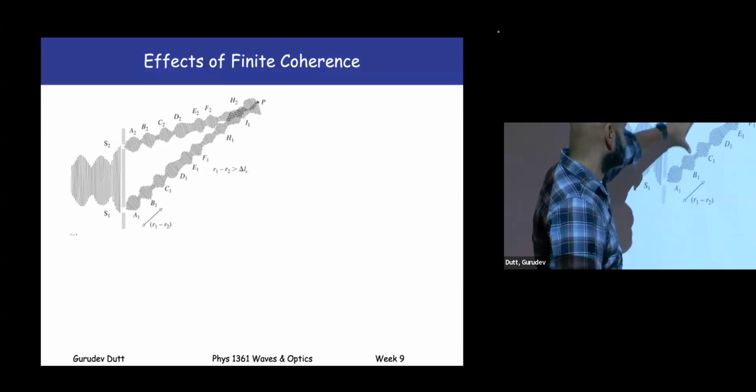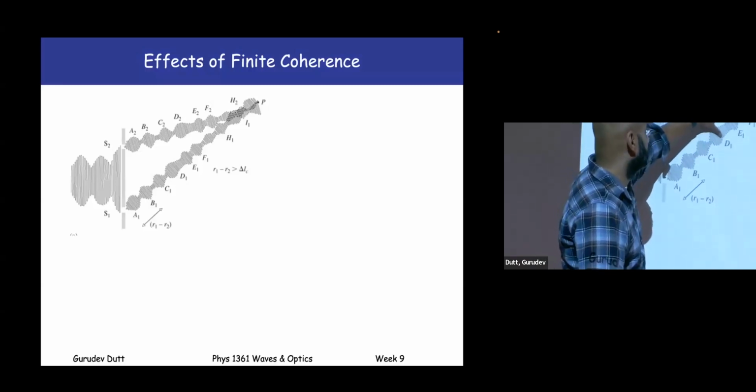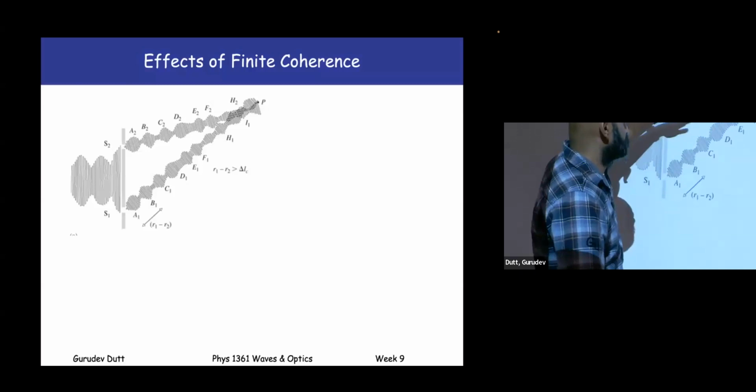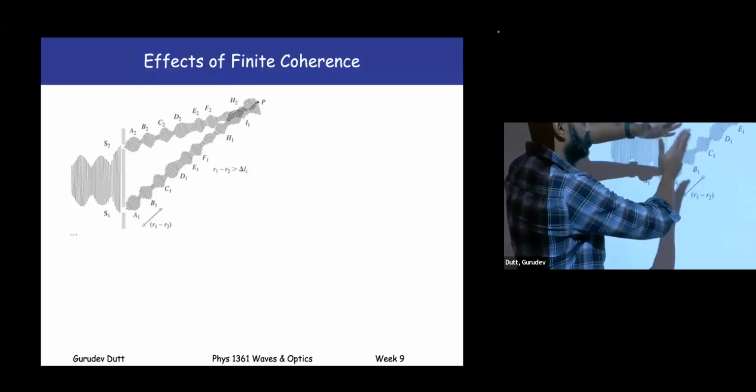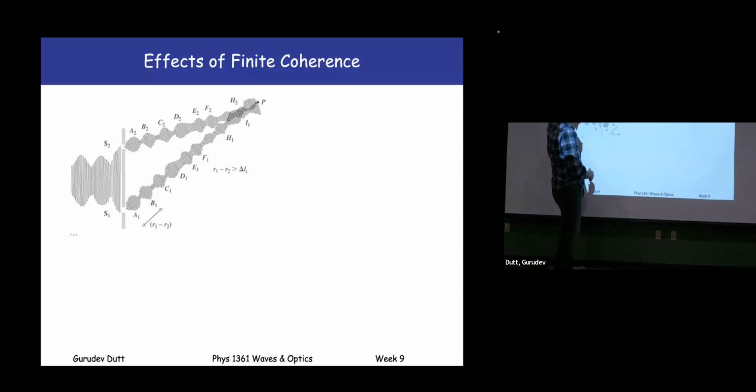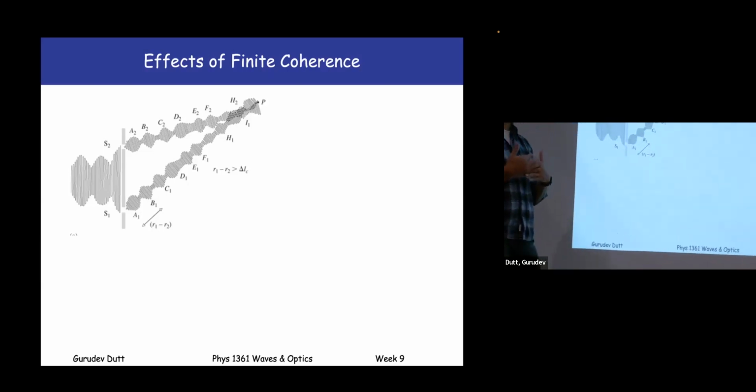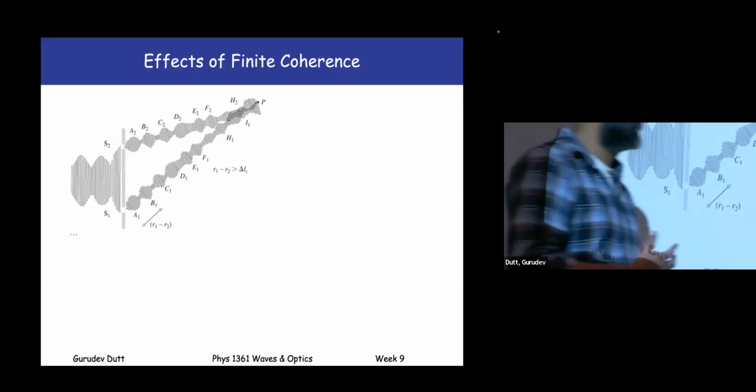B1 and B2 have the same, C1 and C2 have the same, D1 and D2 have the same. But you can see when R1 minus R2 is greater than the longitudinal coherence length, now we start to see interference between, say, H2 and I1, which are two separate wave packets. And now these two have no stable phase relationship between them, and the interference fringe gets washed out.